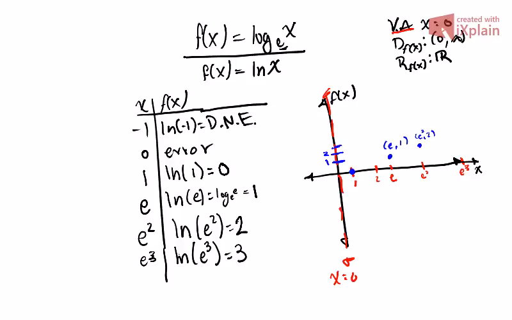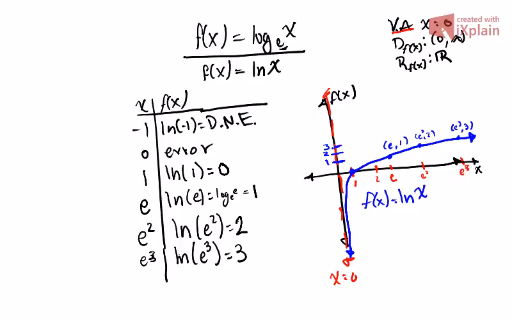At 3, it's the same way. It's going to give me another point, e cubed, I get 3. So as you can see right here, I'm going to approach the vertical asymptote as I come off and decrease from infinity, and you get this function. And this function is f of x equals the natural log of x.